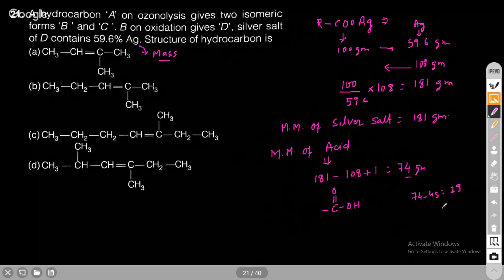Now in this 29 we can have 2 carbon plus 5 hydrogen, which gives you 29. So it is CH3CH2, and the molecular formula of the acid will be CH3CH2COOH. This is the acid you have.